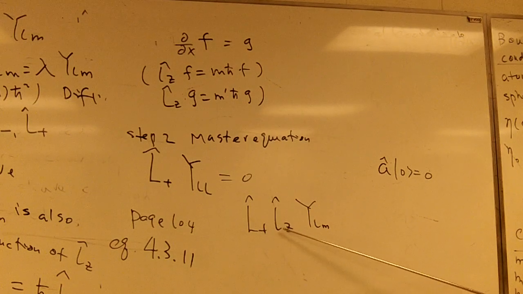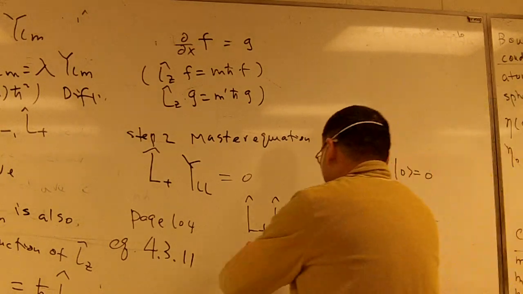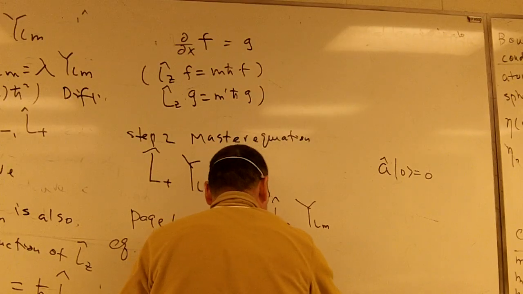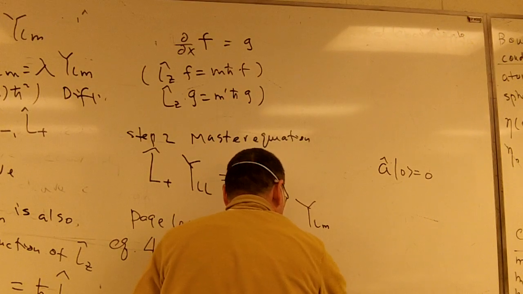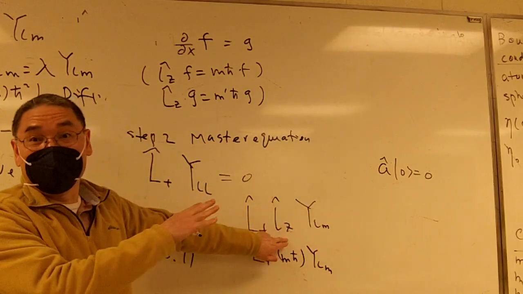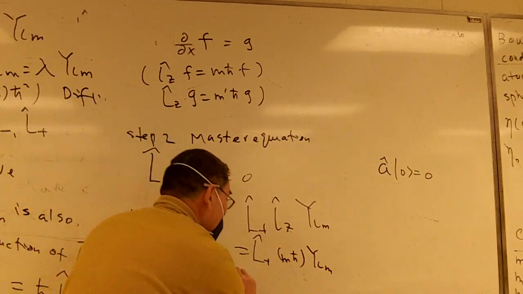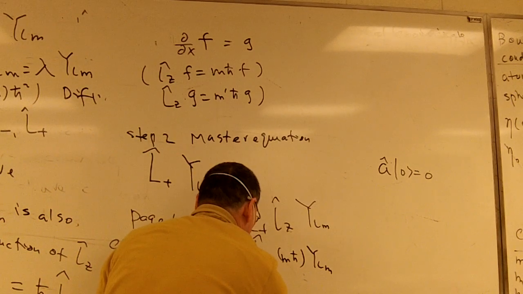So we swap these two, Lz and L plus, and they become this term. Now you can see Lz can be applied onto YLM immediately. This was the trick. So this just equals M H bar YLM, because YLM is an eigenfunction of Lz. That's why we directly use this function. Now you see, this becomes a number.